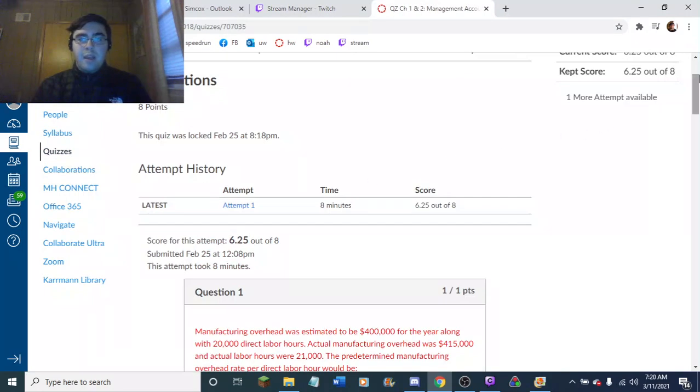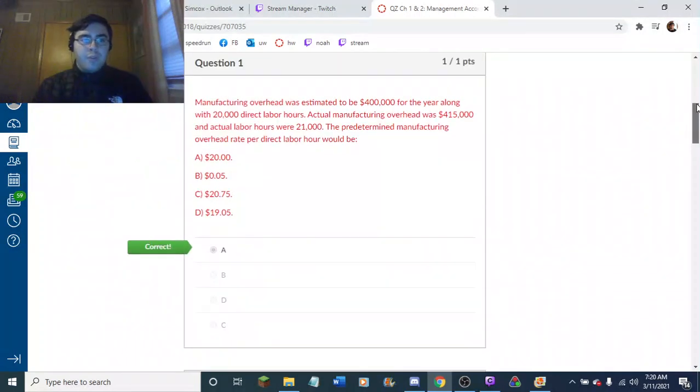Here's this one. I actually got one question wrong. Manufacturing overhead was estimated to be $400,000 for the year. What is the predetermined manufacturing overhead rate? Oh, this is easy. Wait, this is from Chapter 2.